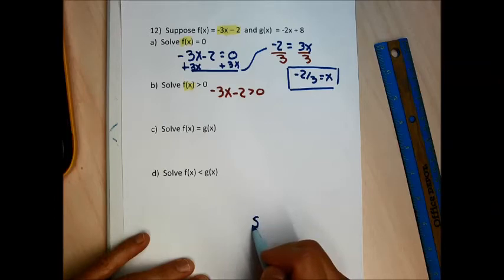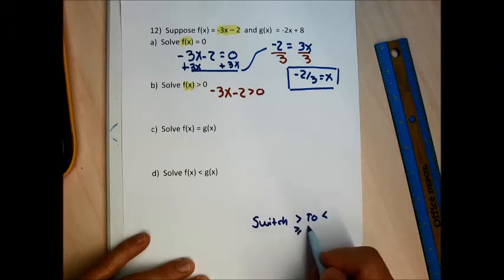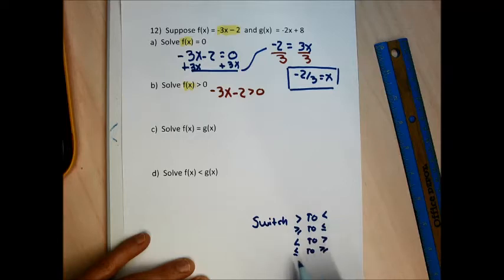So I'm going to switch a greater than to a less than, or a greater than or equal to a less than or equal to, or a less than to a greater than, or a less than or equal to a greater than or equal to, if I divide by a negative number to solve for x.